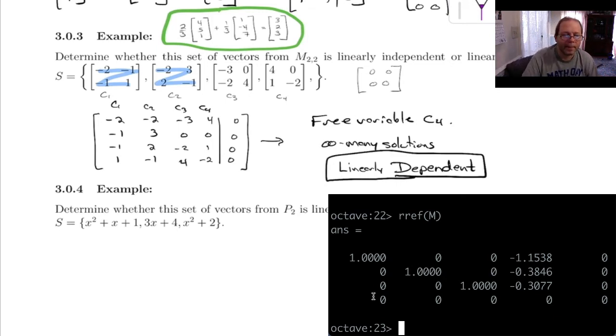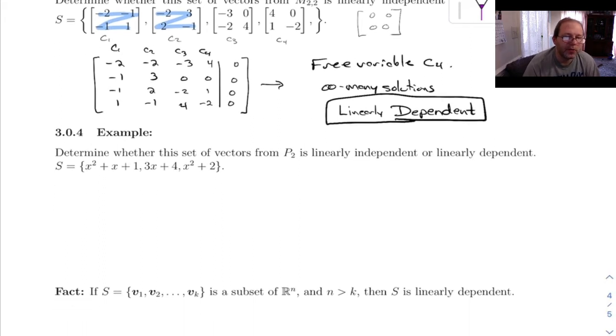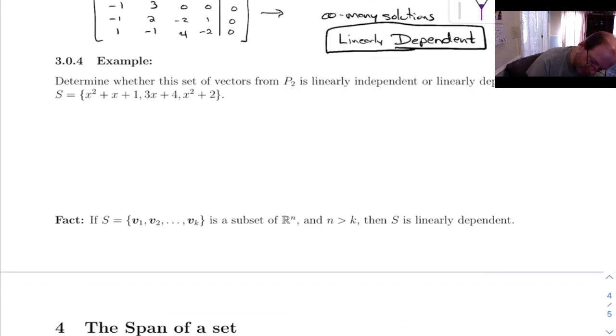All right. Let's look at this next problem. Determine whether this set of vectors from P2 is linearly independent or linearly dependent. So I'm going to write this one out, and then we'll convert it to a matrix.